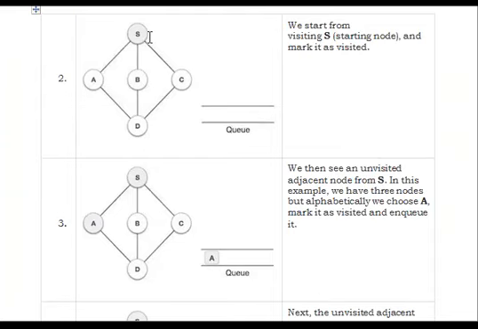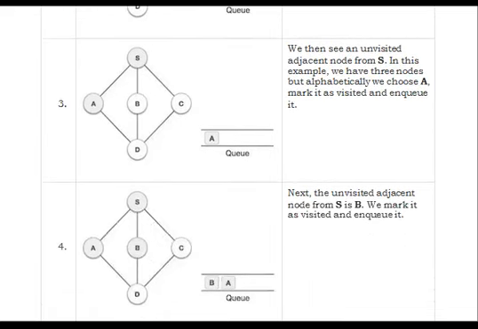Then we look for an unvisited adjacent node from S. There are three nodes possible to visit: A, B, and C, and we choose in alphabetical order. So we choose A, mark it as visited and enqueue it into the queue. So in the queue memory, A is placed.